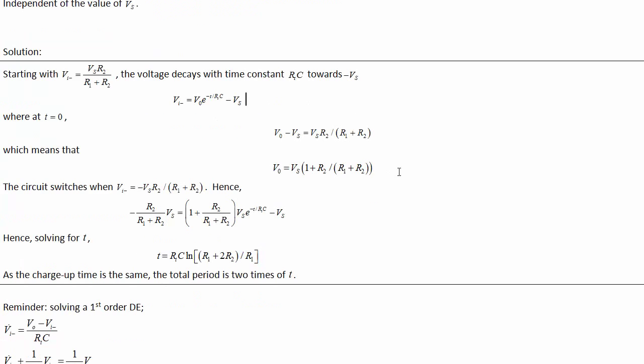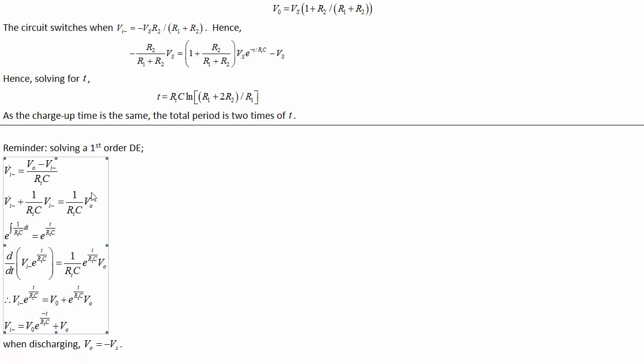And in case you got stuck on the differential equation, here's a reminder of how to do that. So you have the differential equation here. It's first order linear. Put it into standard form, and then find the integrating factor e to the integral of the coefficient of Vi minus, which in this case is e to the t over RC. Then multiply both sides of the differential equation in standard form by that, and factor the left-hand side into the derivative of Vi minus times the integrating factor. Then integrate both sides, which on the left you can just use the fundamental theorem of calculus to cancel the derivative.